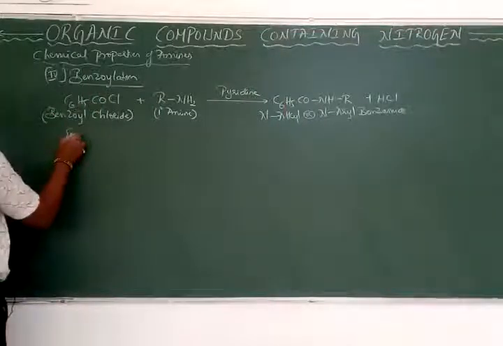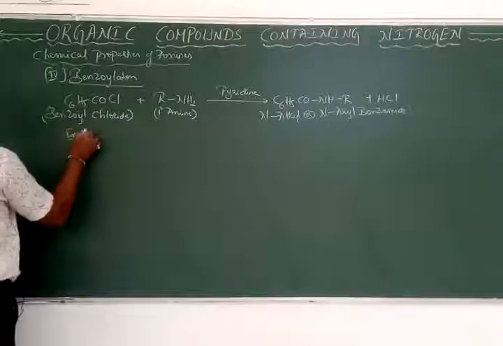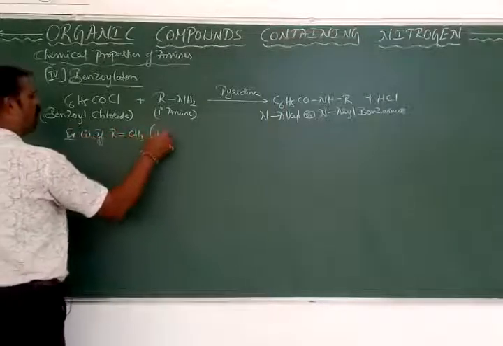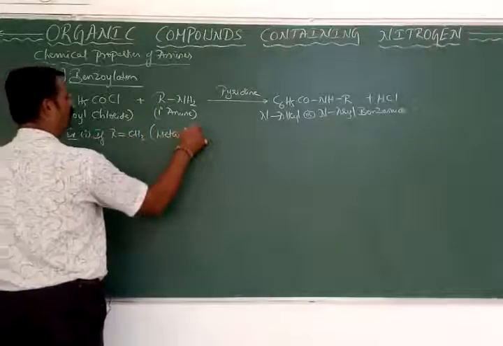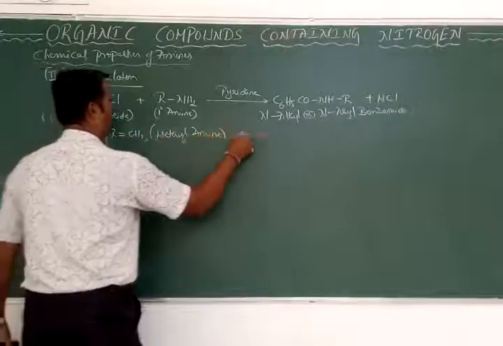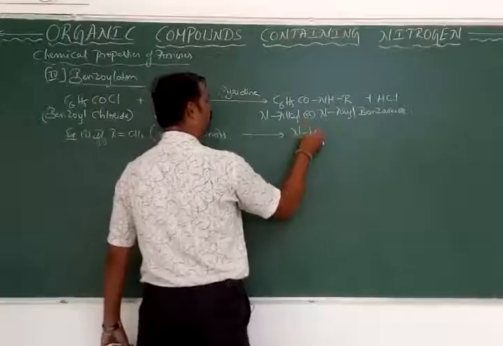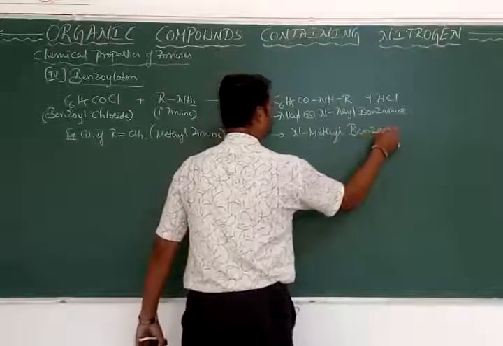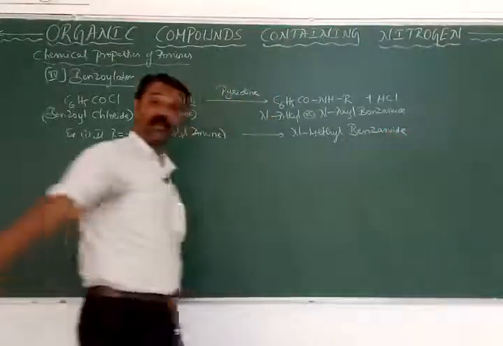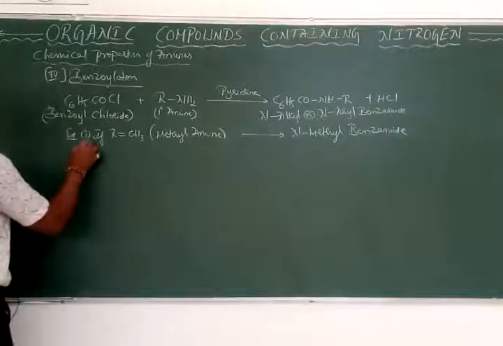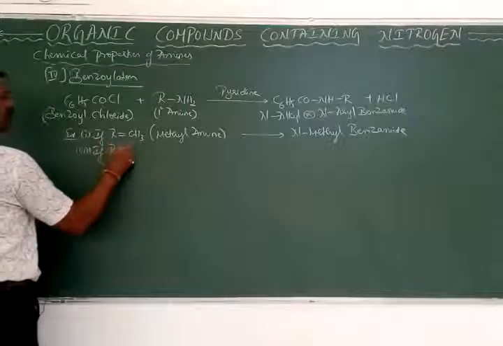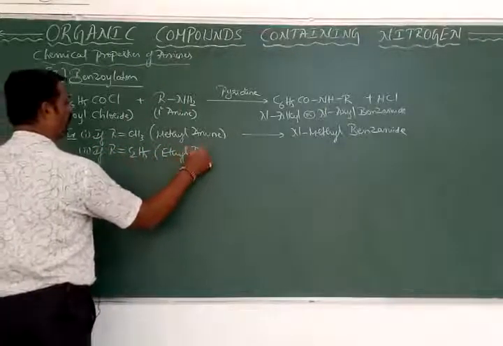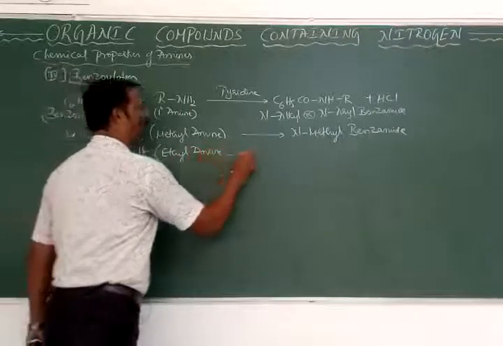Example. If R is equal to CH3, it is called methylamine or methanamine. The product that has been formed is N-methyl benzamide. Suppose if R is equal to C2H5, the reactant that we have taken is ethylamine.